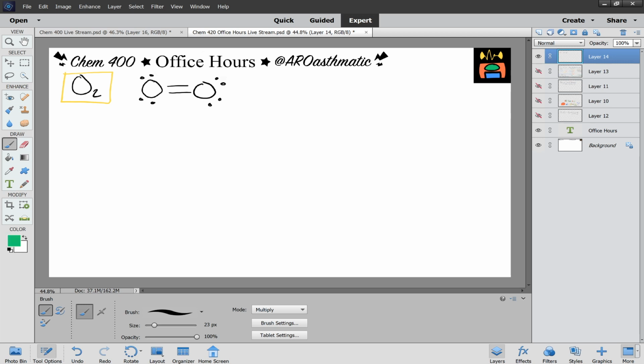If you look at the hybridization for oxygen based on the number of electron groups in this atom, this oxygen is attached to one atom, and it has 2 lone pairs, which gives us 3 electron groups.